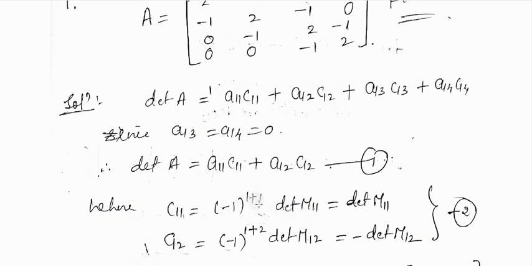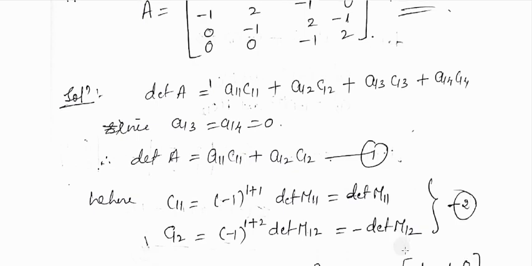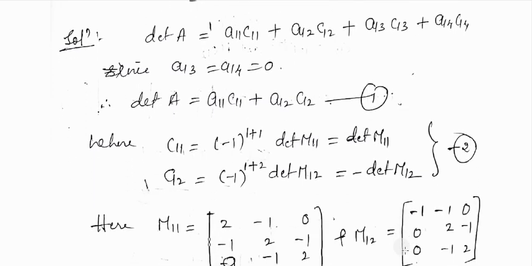Minus 1 to the power 1 plus 1 is plus 1, so it is the same as determinant M11. C12 is equal to minus 1 to the power 1 plus 2 determinant of M12, which is equal to minus determinant of M12, because minus 1 to the power 3 is minus. So let us find the minors.